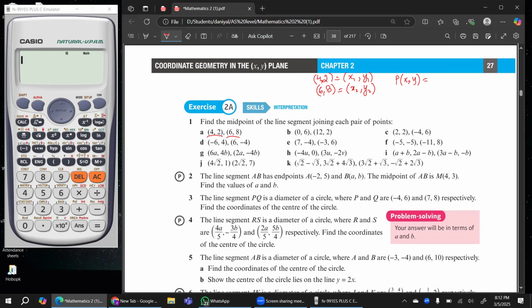You're gonna apply x1 is 4, x2 is 6, divide by 2, and y1 is 2, y2 is 8, divide by 2. So it's going to be 10 over 2, which is 5, and this is 10 over 2, which is 5 as well. So this is the midpoint P(x, y) of the coordinates 4 comma 2 and 6 comma 8.